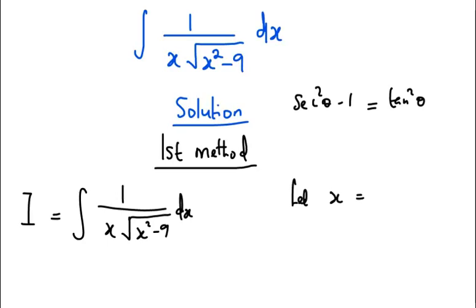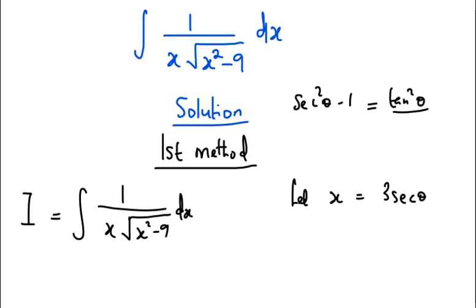And here we have x squared minus 9. So if you let x equals 3 secant of theta, if you square both sides, you will see that x squared will be 9 secant squared of theta. So if we have 9 secant squared of theta here, we can factor out the 9, and then we'll be left with secant squared of theta minus 1, which is tangent squared of theta.